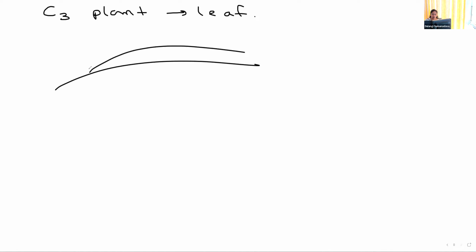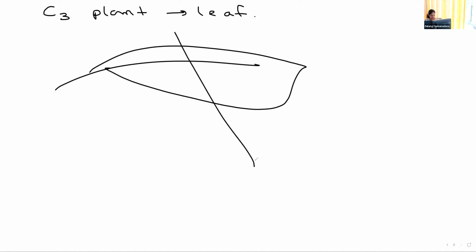So if this is the leaf, we're taking a cross section, right? These ones are C3 plants. The first stable product created during the Calvin cycle is the 3-carbon PGA, right? So that's why they are C3 plants.